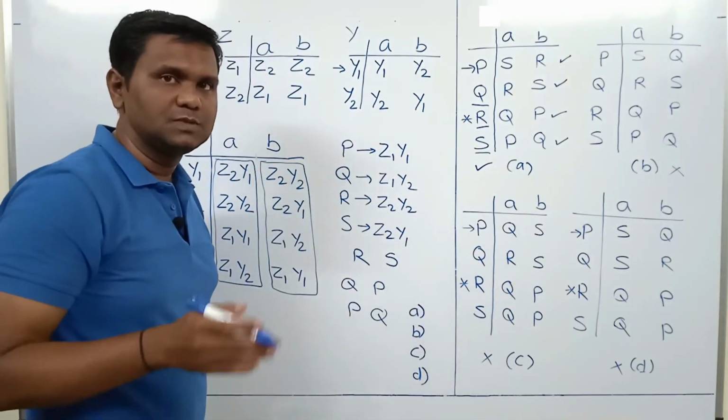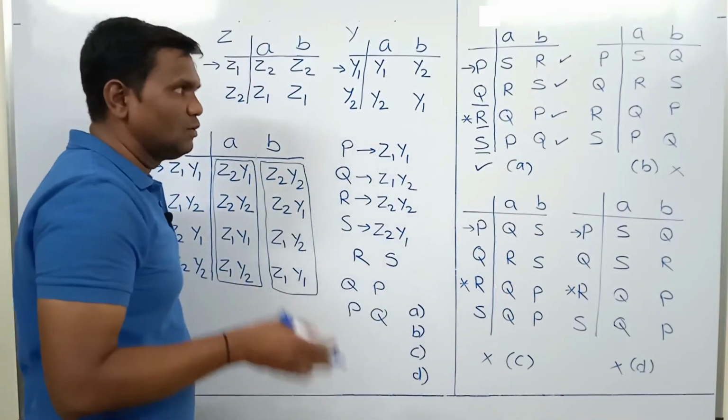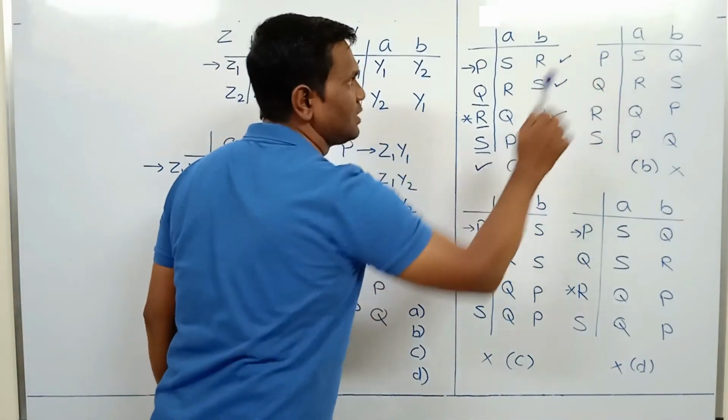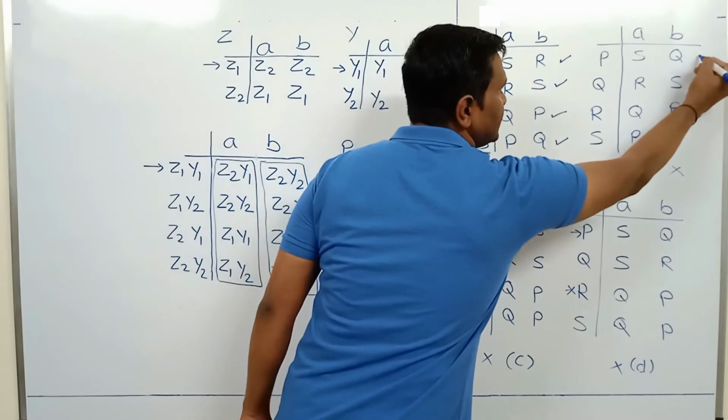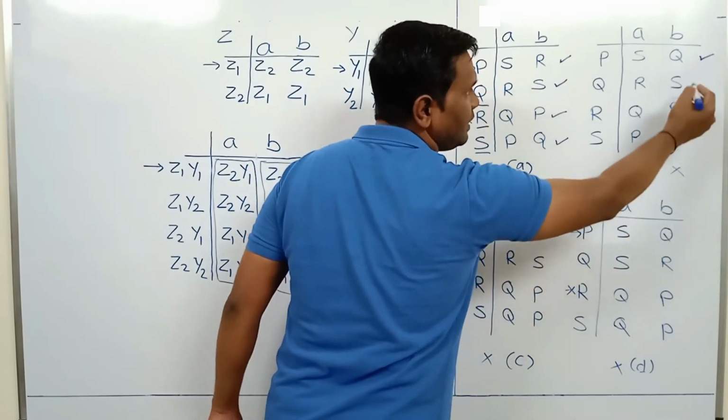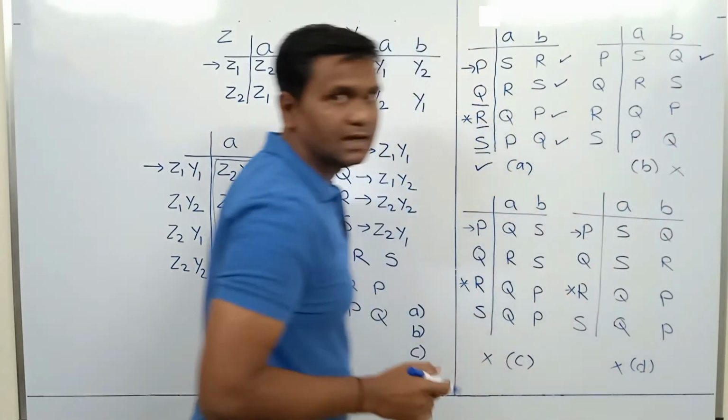Now let's prove that some other option is not correct. So here in option B, we will assume this transition is correct and we will find some inconsistent transition.